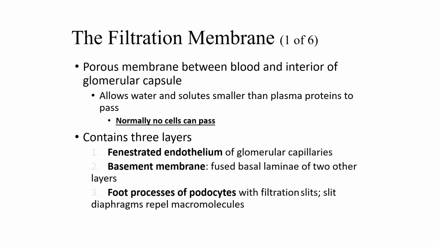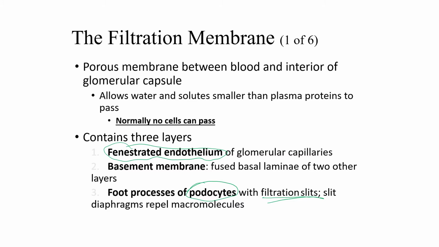So remember that the membranes between the blood and the interior of the glomerular capsule are the fenestrated epithelium, and the podocytes have filtration slits. And so this allows water and solutes smaller than plasma proteins to pass.